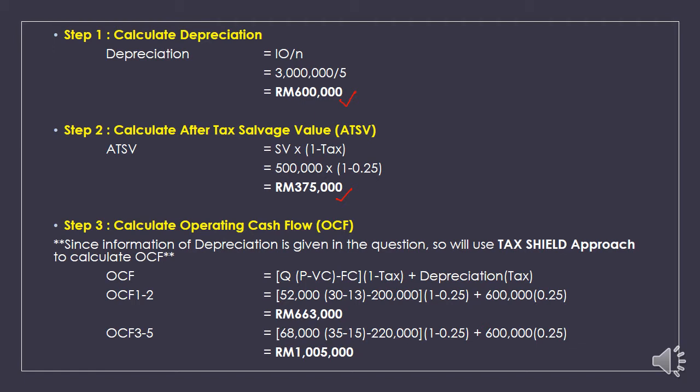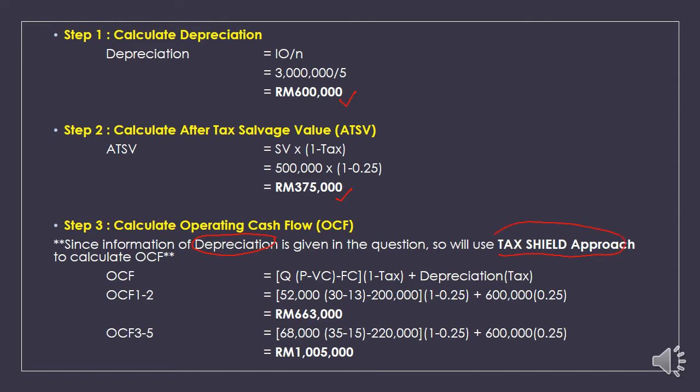Since the information on depreciation is given in the question, we will use the tax shield approach to calculate OCF. As we know, to calculate OCF, we apply the taxation concept, where there are three types of taxation approaches: the first is bottom up, top down, and also tax shield. Because the information regarding depreciation is given in the question, you can use the tax shield approach.